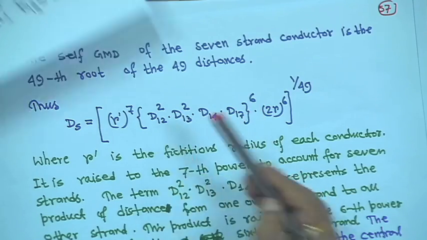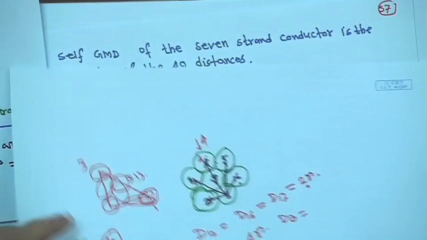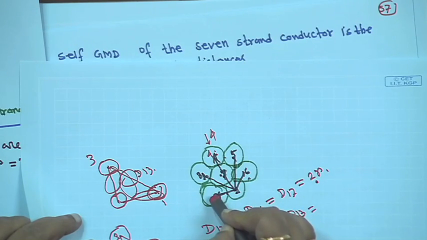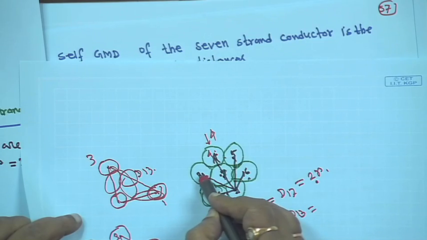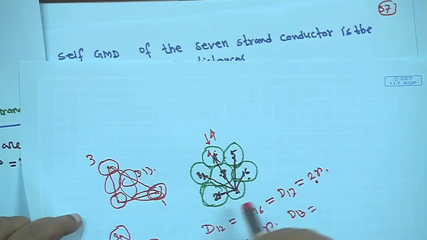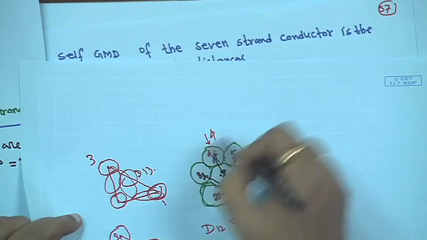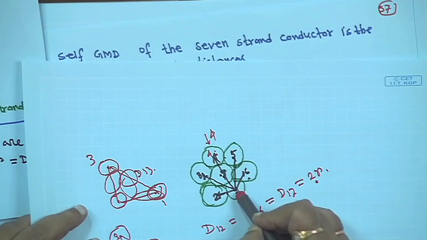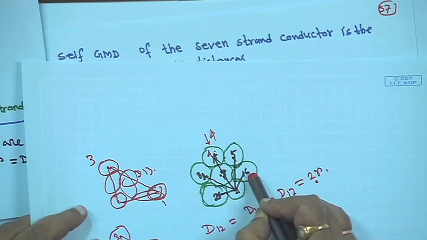That means d12, if you take this diagram, d12 is equal to d16, twice it is coming. Similarly, if you consider this one, d21 is equal to d23. Similarly, if you consider this 3 1, d34 is equal to d32. This way you have to consider each thing. So, for every conductor you will consider that d12 is equal to d16, the distance remains the same.